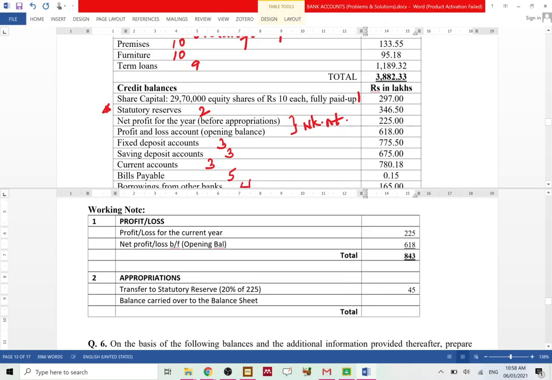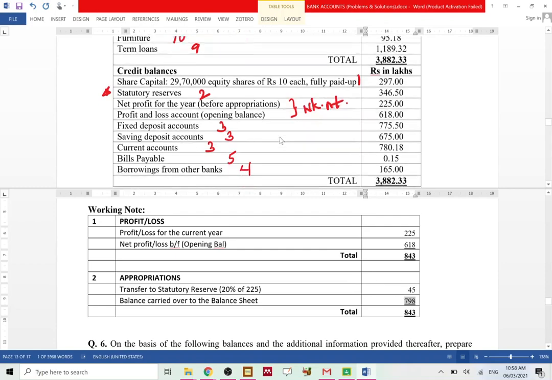Now, what we used to do is the same profit we used to bring down here in the appropriations also. The totals always are same as we know, and whatever balance remains, now 45 we have transferred to statutory reserve. So whatever balance remains, we always carry it forward to the balance sheet. Okay. So 843 minus the 45 will give you 798. Done? So this 798 is what is transferred to the balance sheet.